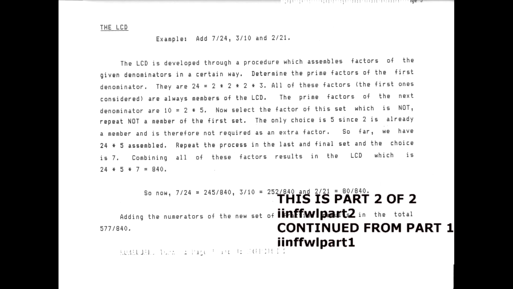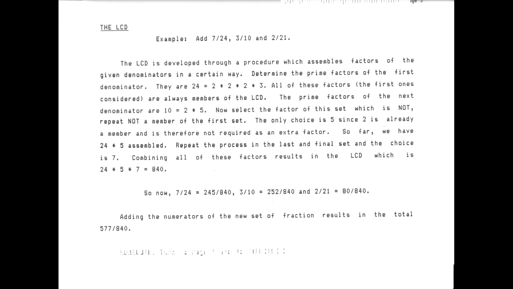We illustrate the building of the LCD by using the fractions 7 over 24, 3 over 10, and 2 over 21, which we want to add. Check out each denominator and prepare a list of the prime factors for each of them on the side of your worksheet.